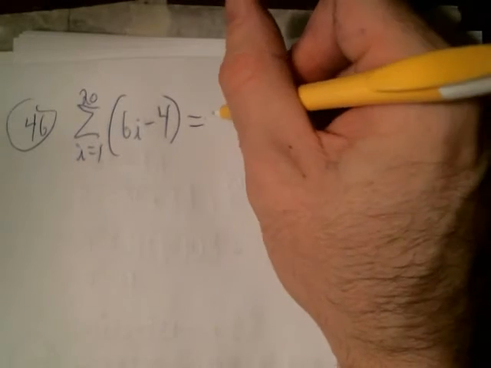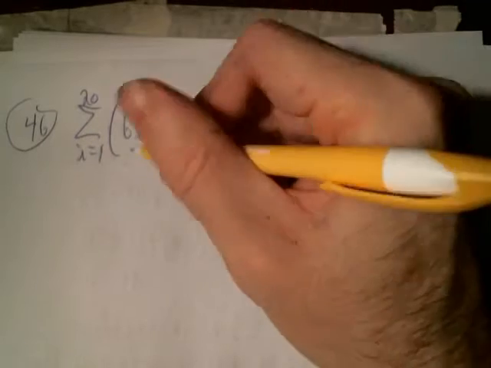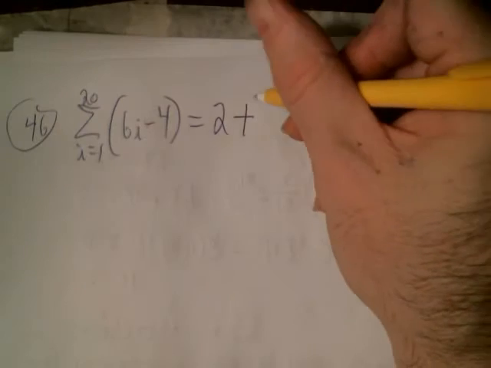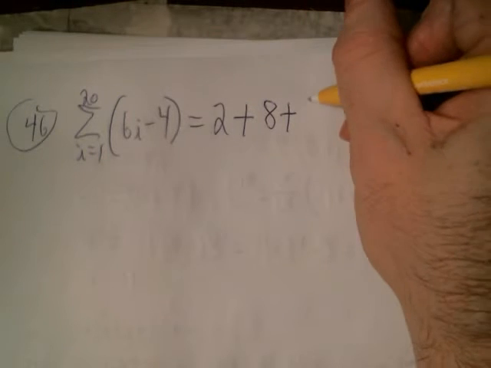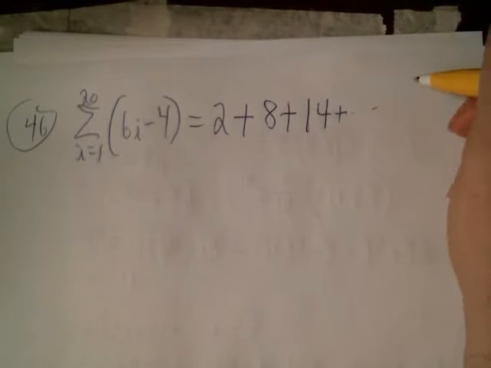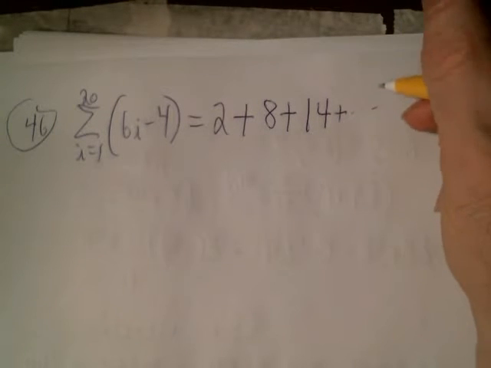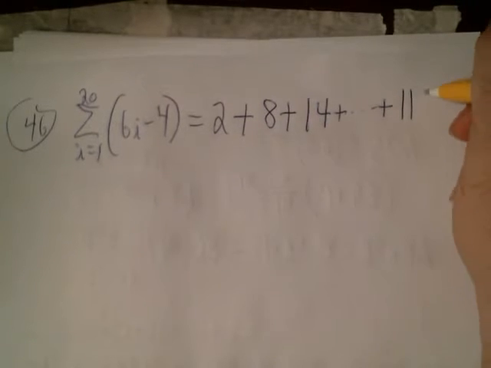First off, plug in 1, you get 2. Plug in 2, 12 minus 4 is 8. Plug in 3, 18 minus 4 is 14. Plus all the way up to 20 times 6 minus 4. 120 minus 4 is 116.